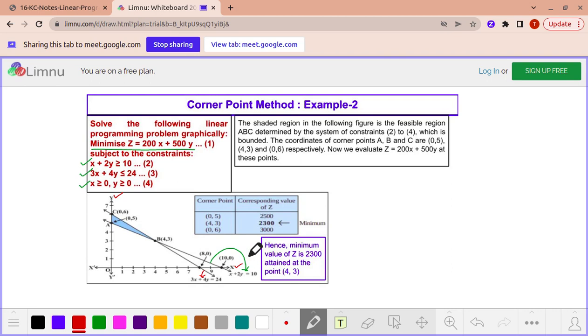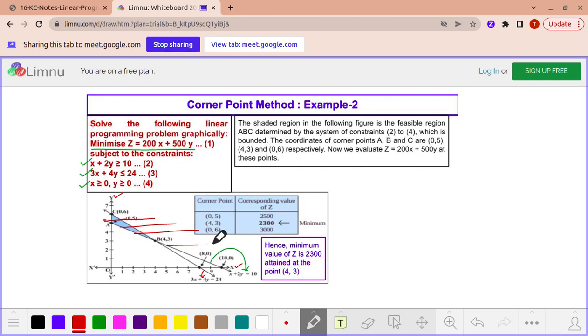Now as x plus 2y is greater than or equal to 10, that means we should consider all the right hand side points. Okay, all these right hand side points.